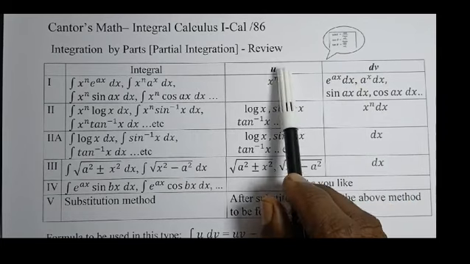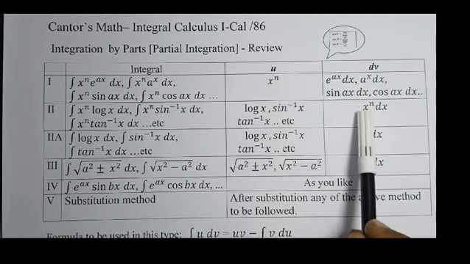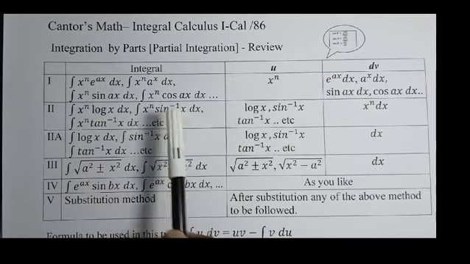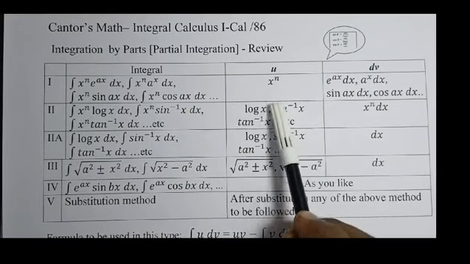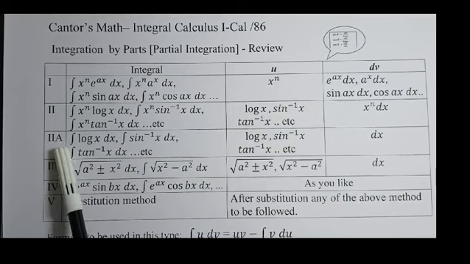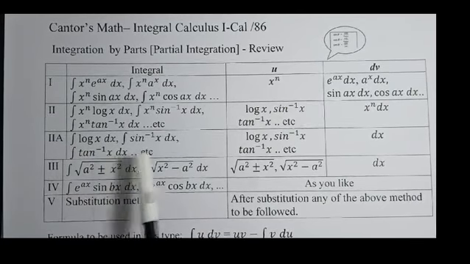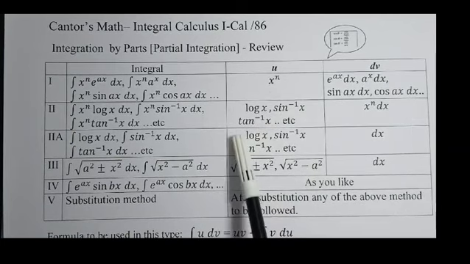In the first type you take x power n as u, whereas in the second type, in which we have log x and inverse functions, we take dv as x power n dx, the remaining as u. Now type 2a, here x power n is missing: integral log x, integral sin inverse x, etc. The same method: you take dv as dx and the remaining as u.